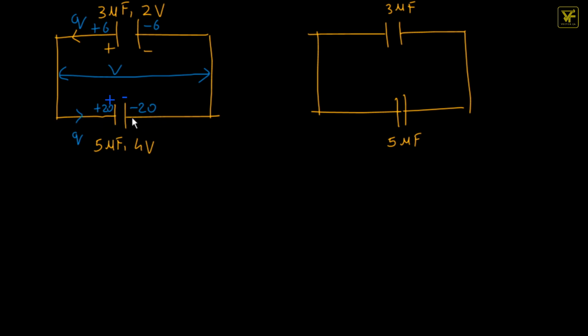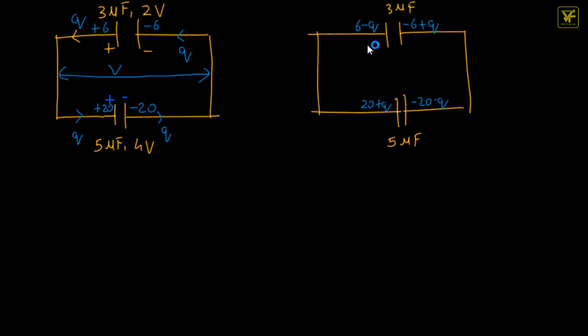Now if Q charge comes here, then Q charge also leaves here and Q charge comes back here. So ultimately this plate will have 6 minus Q charge. This one will have 20 plus Q, this one will have minus 20 minus Q, and this one will have minus 6 plus Q. Now make sure that the positive and negative plates always have opposite charges.